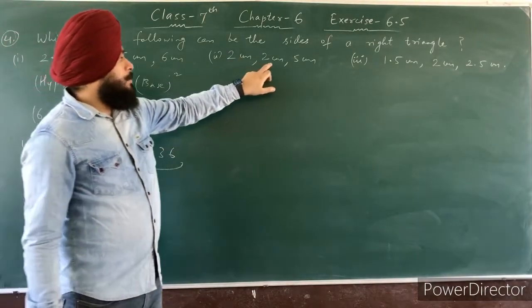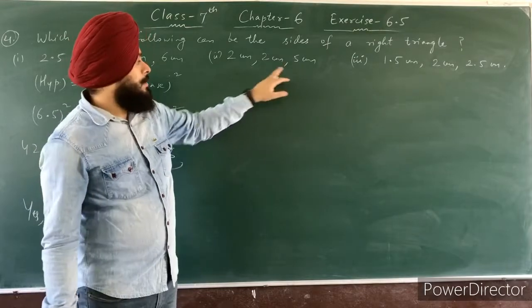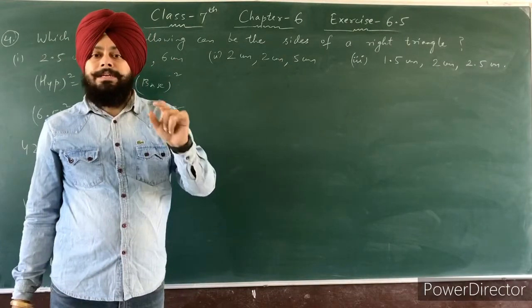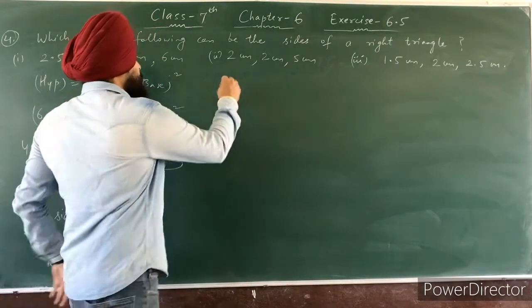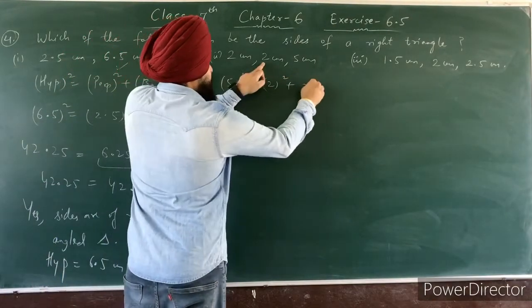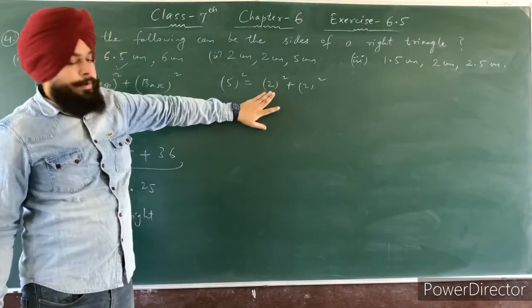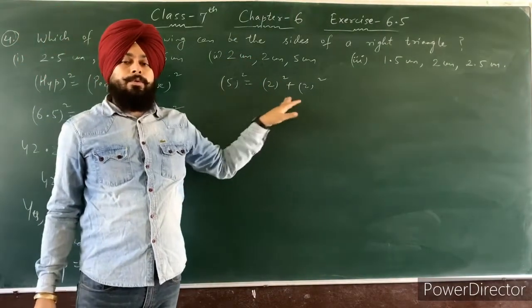Now see the second part: 2 centimeter, 2 centimeter and 5 centimeter. Among the three sides, the largest one is 5 centimeter. So you can assume it as the hypotenuse. So 5 square is equal to 2 square plus 2 square. The other two sides are the same, 2 and 2, so you can take the perpendicular and base both as 2.